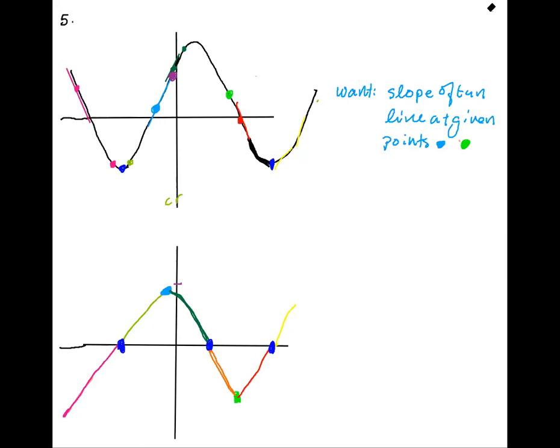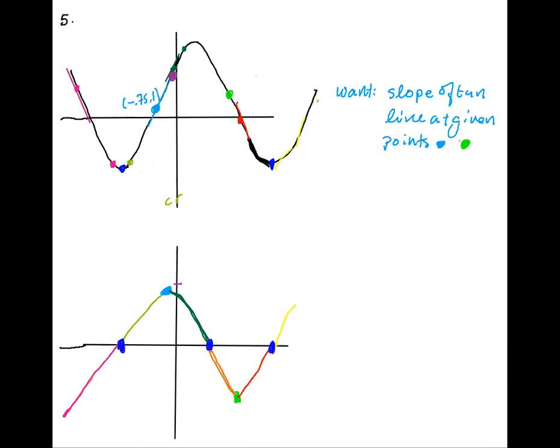So to find the slope at the blue point, which we said was approximately negative 0.751, would you say that's about the inflection point? Yeah. Okay.